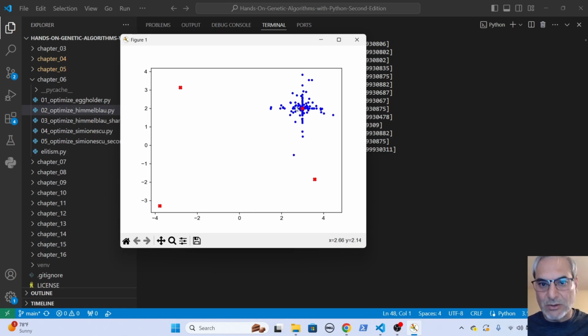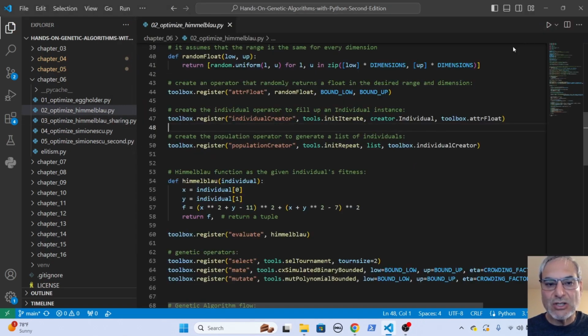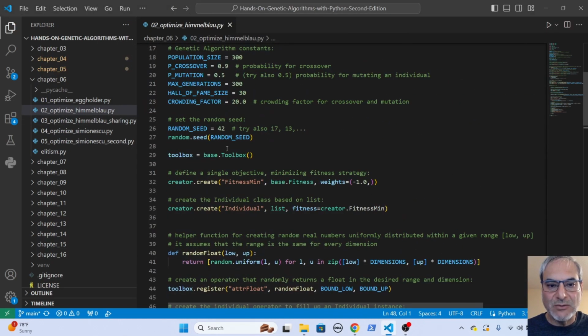So that's good. What if we want to find the other solutions? One way to do it is, for example, to change the random seed. We're using a particular random seed, so we can try 17, 13, whatever other numbers we like, and we are likely to find different solutions by doing that.